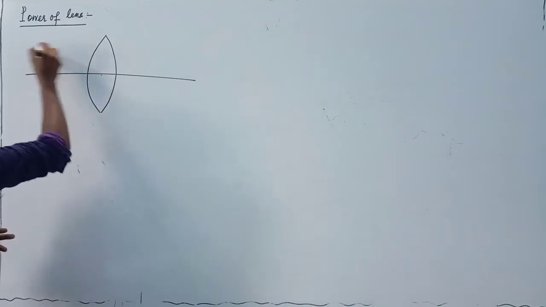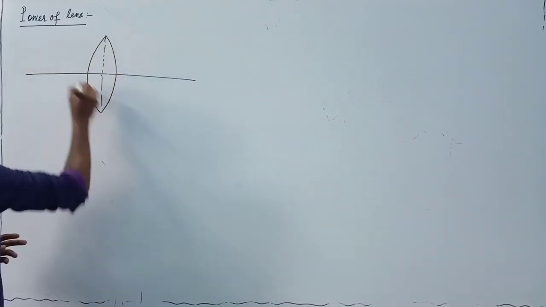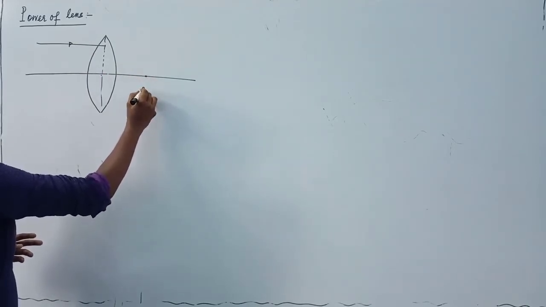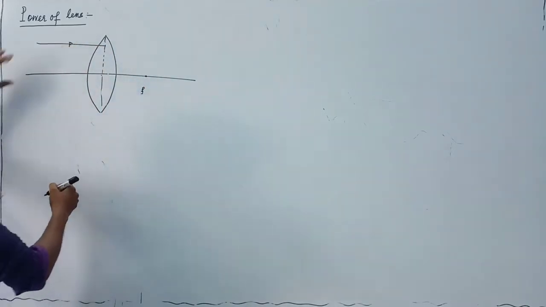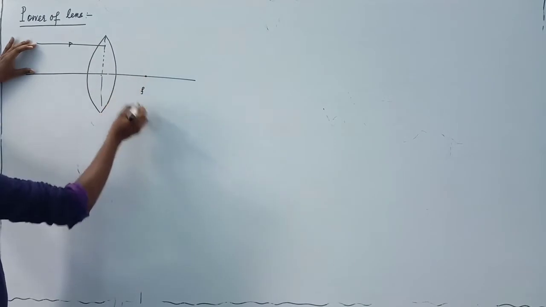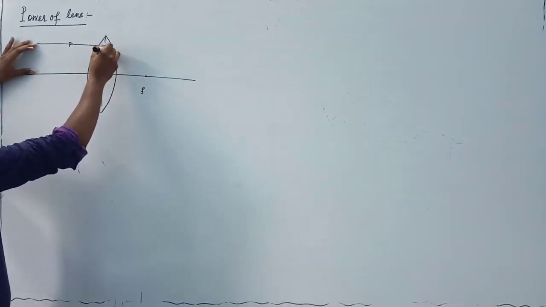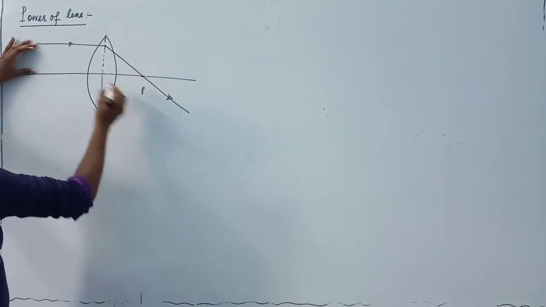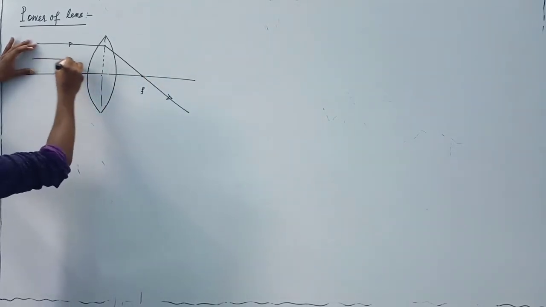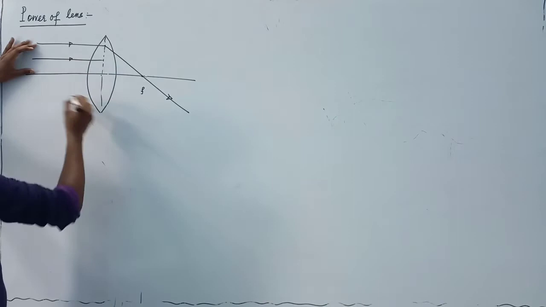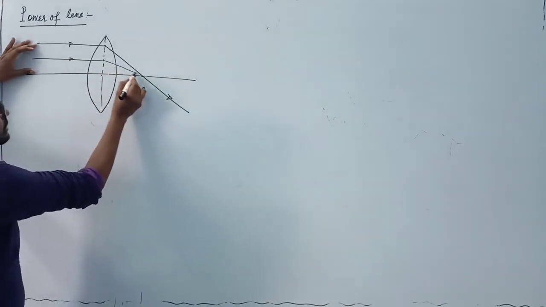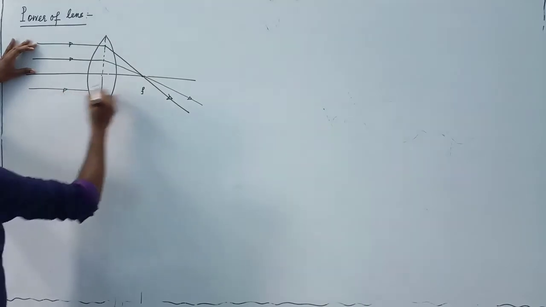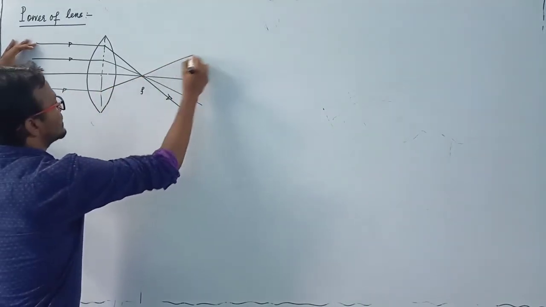Suppose the rays are coming from infinite distance, and this point is the focus point. The rays which are parallel to the principal axis, after refraction through this lens, pass through the focus in this direction. Clear? This is the focus point. Similarly, if another ray travels parallel to the principal axis, a paraxial ray, then it also passes through this direction, and if we take another ray here, then it passes through this direction.